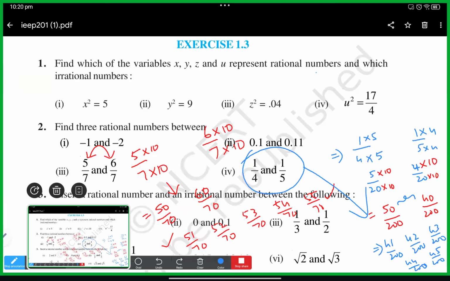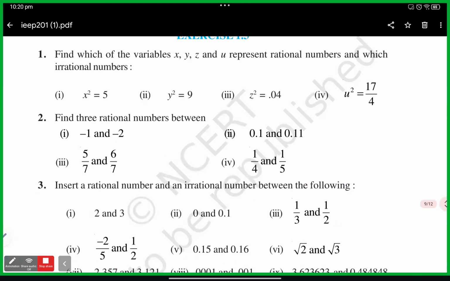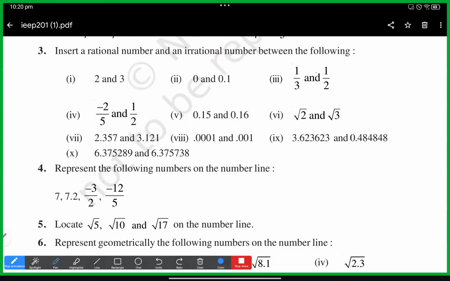The third one. In this case, insert a rational number and an irrational number between the following.